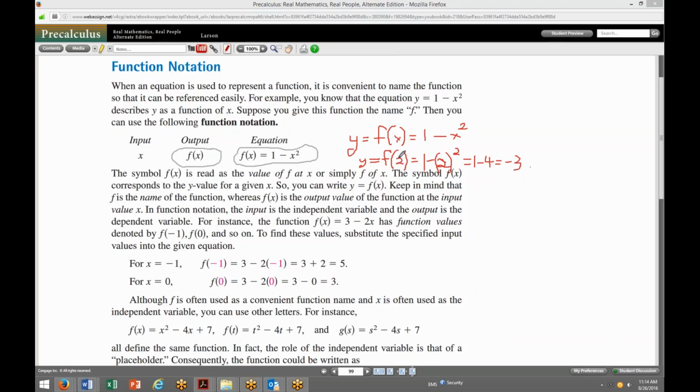And so you can put any number you wish in here for x that happens to be in the domain of the function. And here's some good news. For polynomial functions, whether it's constant functions, first degree functions with just x and no exponent, second degree functions like 1 minus x squared where you have a quadratic, or any polynomial function of any degree, the good news is that the domain is infinite.